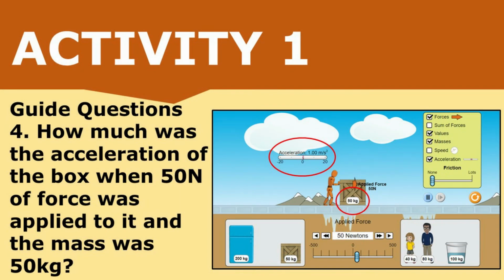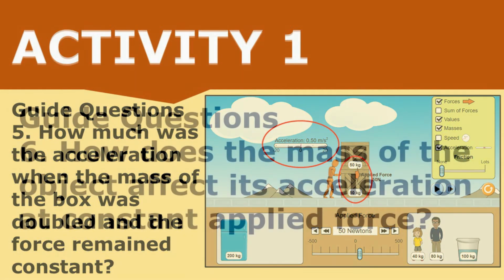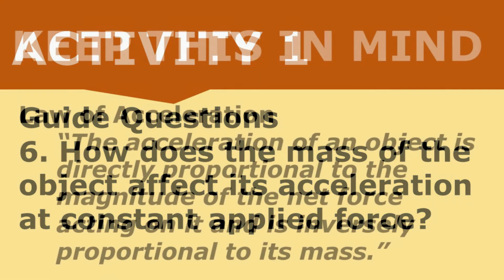How much was the acceleration of the box when 50 newtons of force was applied to it and the mass was 50 kilograms? Number 5. How much was the acceleration when the mass of the box was doubled and the force remained constant? Number 6. How does the mass of the object affect its acceleration at constant applied force?